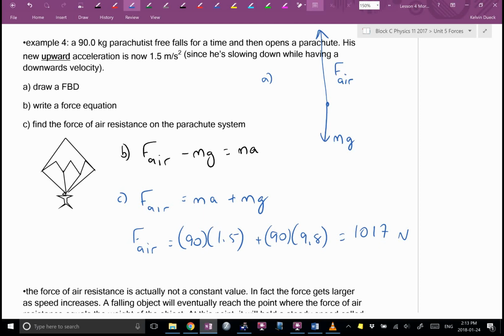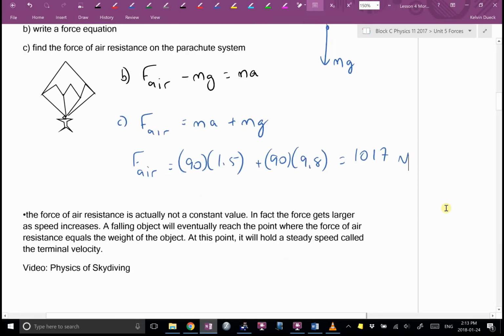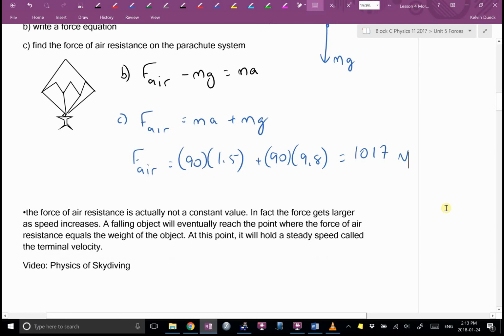Now, the force of air resistance actually is not a constant value. It gets larger as speed increases. A falling object will eventually reach the point where the force of air resistance equals the weight of the object, and then your free body diagram has gravity down and air resistance up as the same length arrows.